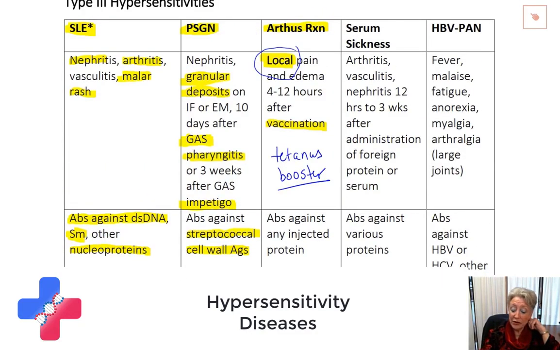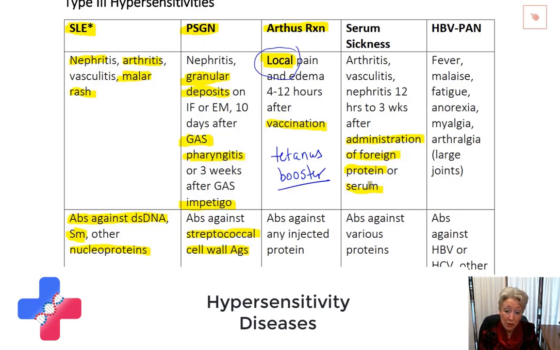Beyond that, we have serum sickness, which honestly we don't see too much anymore. It's due to administration of some foreign protein. We used to see it in the First and Second World War when they would use animal serum as a plasma extender on the battlefield. Of course, lots of foreign proteins in that plasma extender.